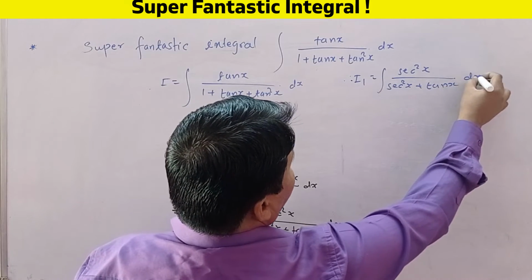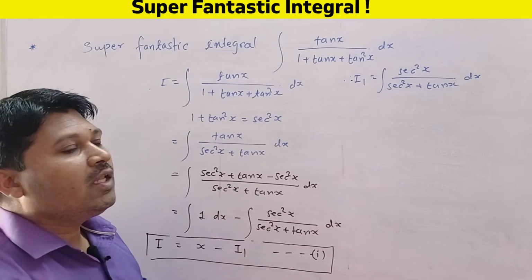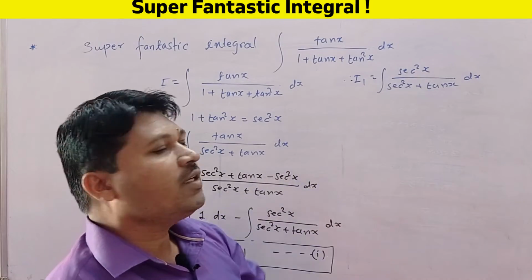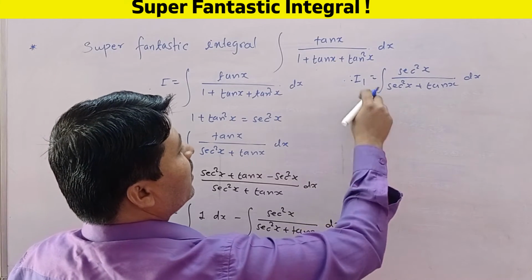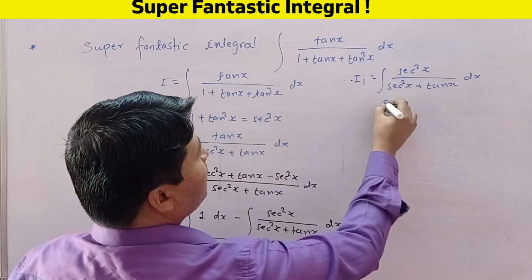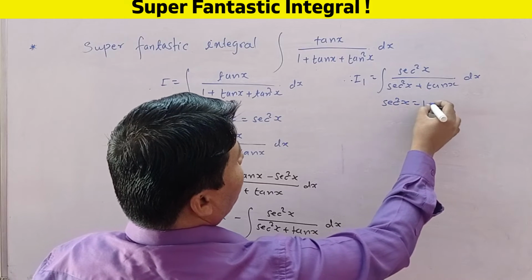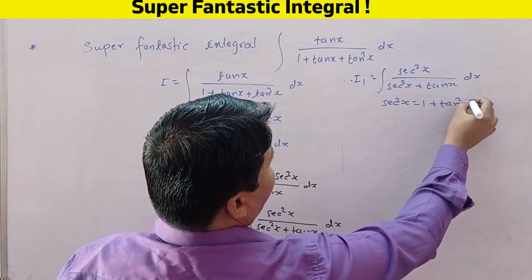Here observe that the derivative of tan x is present in the numerator, that is sec square x, and the denominator sec square x we can convert to tan x, as 1 plus tan square x.